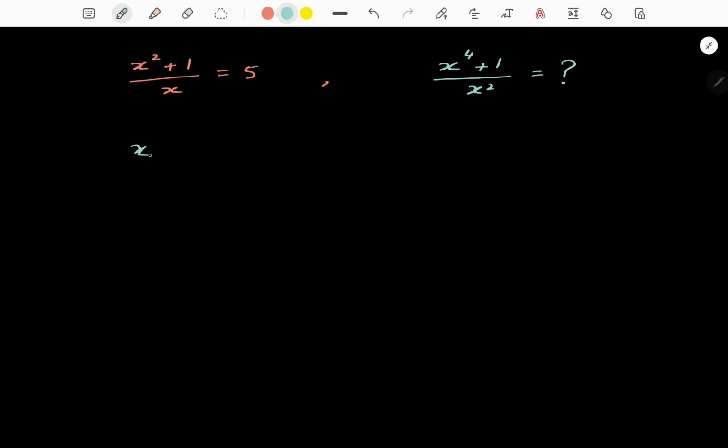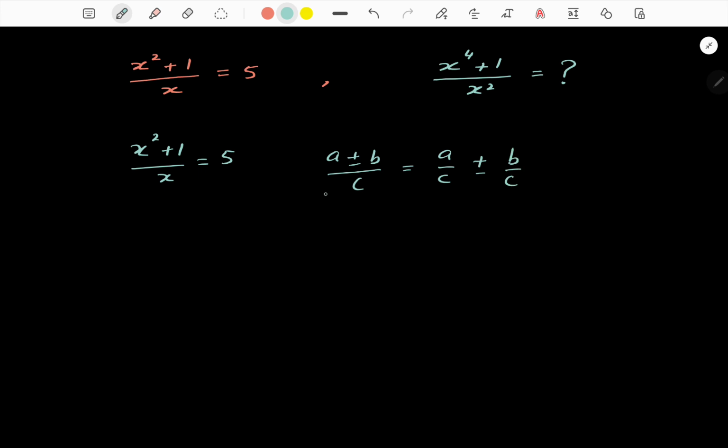We have x square plus 1 over x is equal to 5. As we know that (a plus minus b) whole divided by c is equal to a over c plus minus b over c.